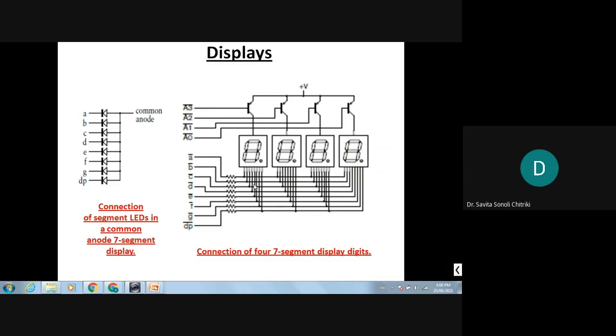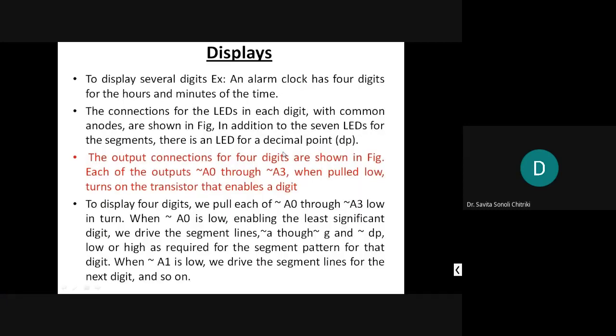I think this is the fourth program we are doing with the 7 segment display. To display several digits, for example an alarm clock, it has 4 digits for the hours and the minutes of the time.